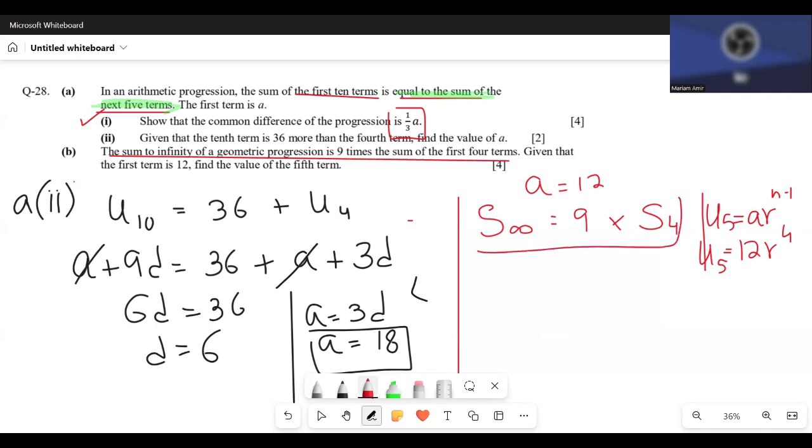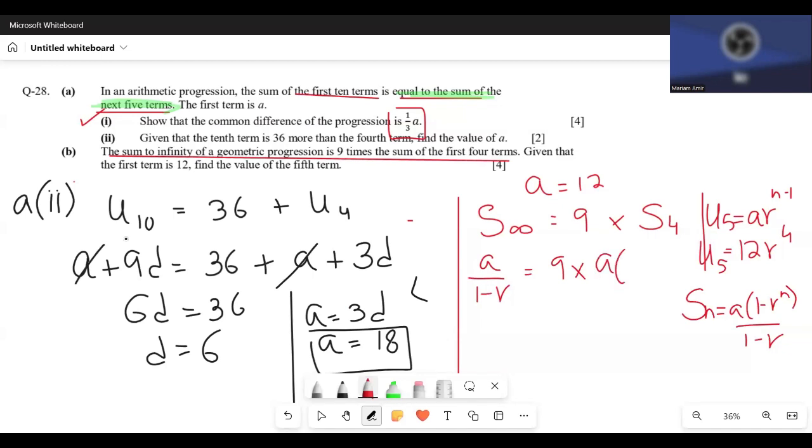Okay, back to this formula. Let's substitute the formulas. S infinity is a upon 1 minus r, equal to 9 times S4, for which we need the Sn formula, which is a times 1 minus r power n upon 1 minus r.